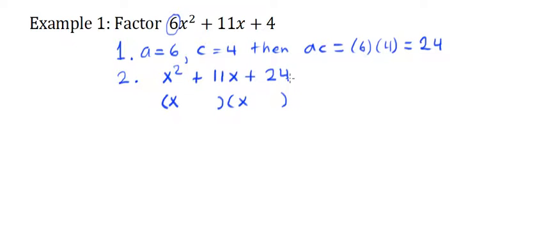Now we have to find two numbers whose multiplication is 24 and whose sum is 11. Those two numbers turn out to be 8 and 3, right? 8 times 3 is 24. 8 plus 3 is 11. So positive here, positive here. Okay, so we factor this.